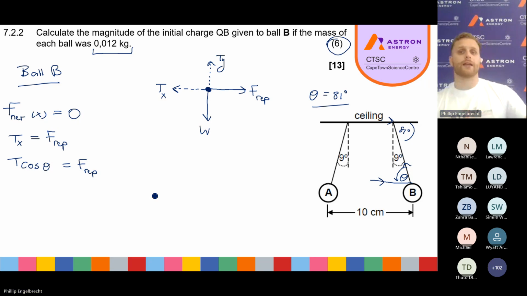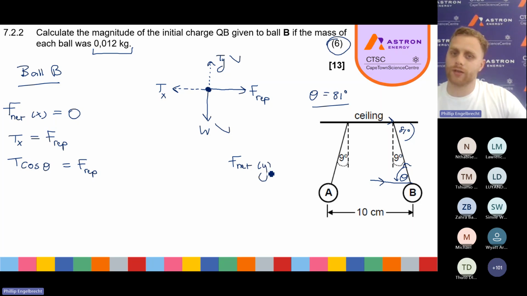But I can look at the vertical components, the forces that are acting vertically. So I'm going to work over here and say that the net force in the vertical direction, or in my y direction, is 0. So that means that my tension in the y direction is equal to the weight of the object.